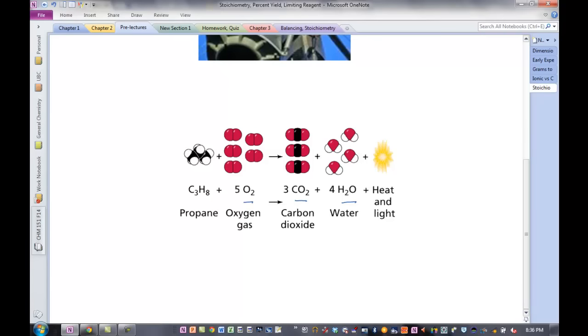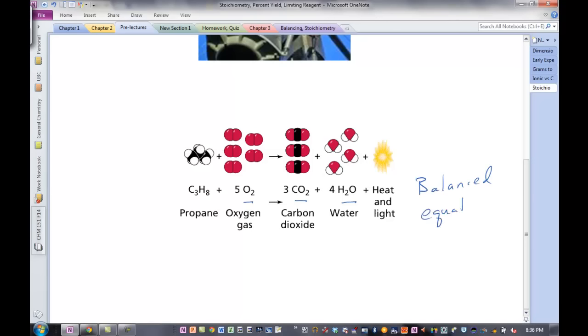If it reacts with the nitrogen gas in air, so if it's not a pure oxygen environment, you're going to get some reactions between the propane and nitrogen. Probably get some nitrogen oxide compounds and whatnot. But let's not worry about that. Let's assume complete combustion. Okay, so you do need a balanced equation to do stoichiometry.